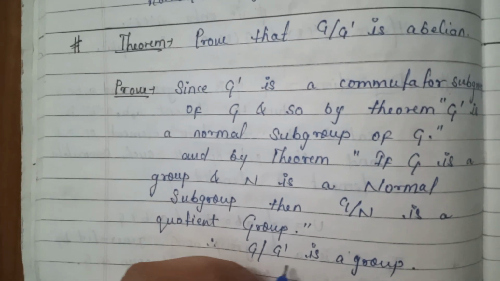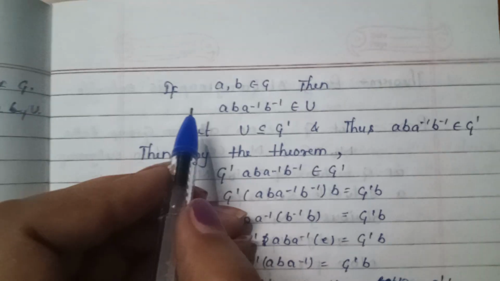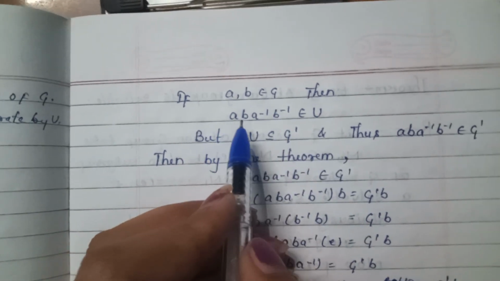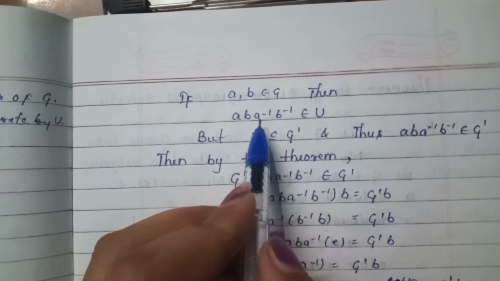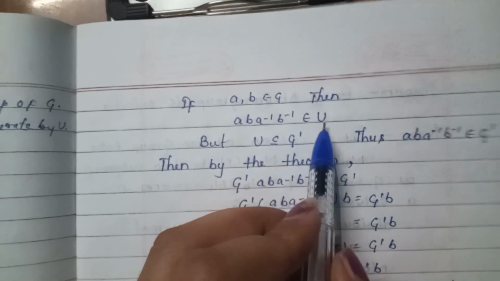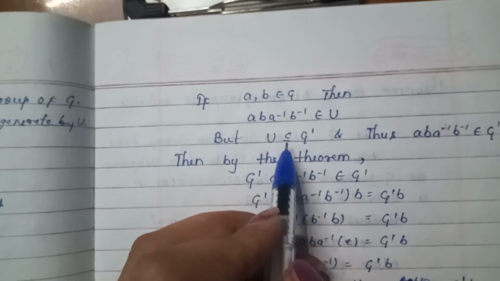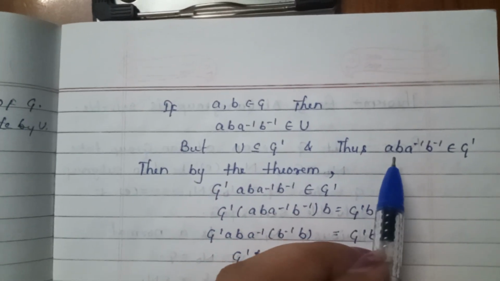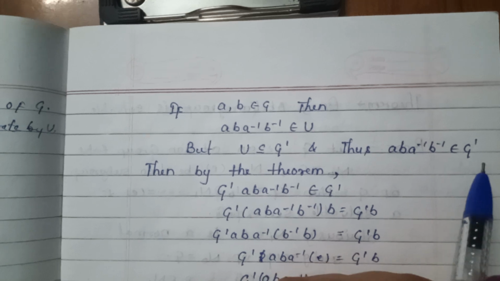Since G by G dash is a group, if A, B belong to G, then A B A inverse B inverse belongs to U. But U is a subset of G dash, and thus A B A inverse B inverse belongs to G dash.